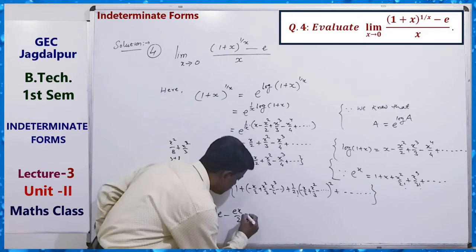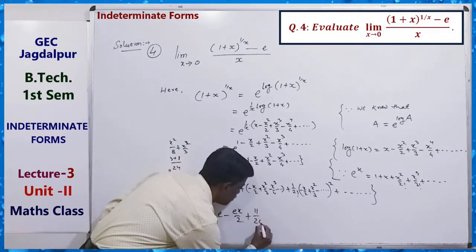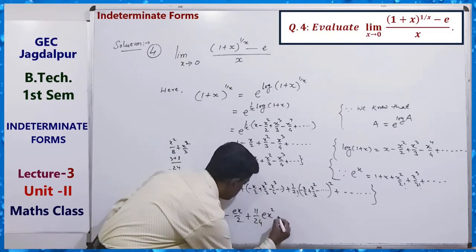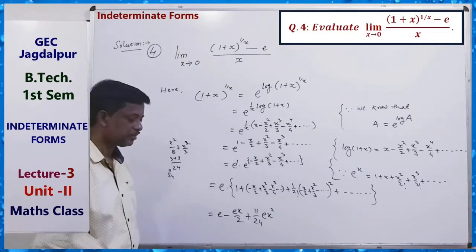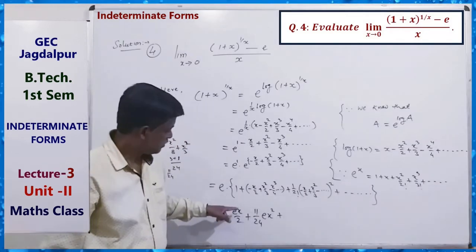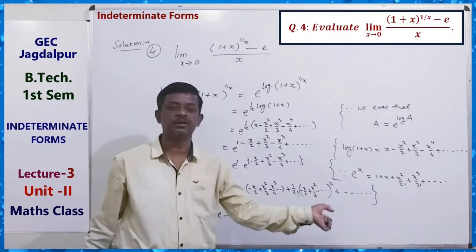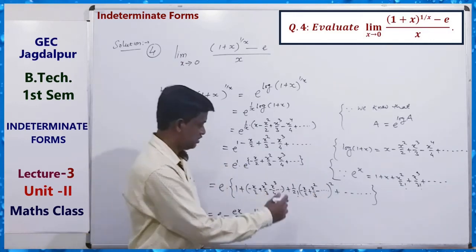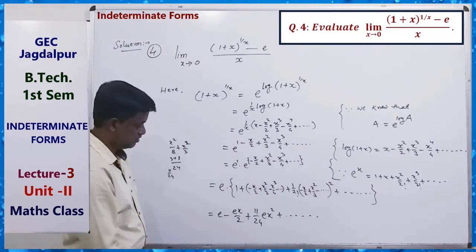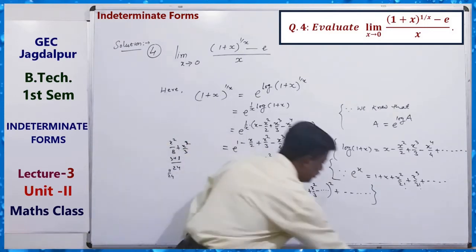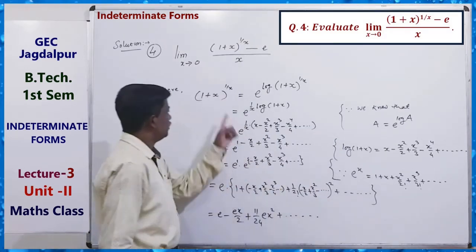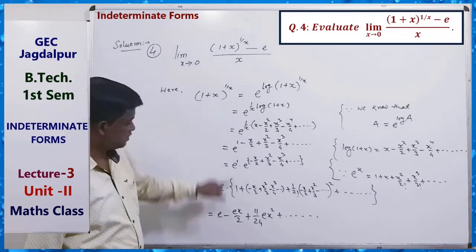So we can write plus 11 by 24 e x square, and the next terms will be x cube and so on. In each term you will get a higher power of x, like this. So this is the value of this; it can be written like this.